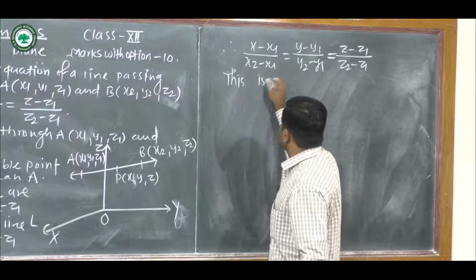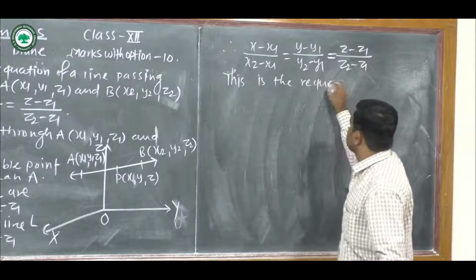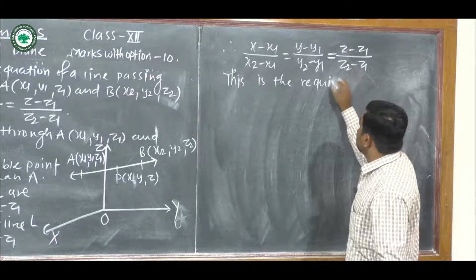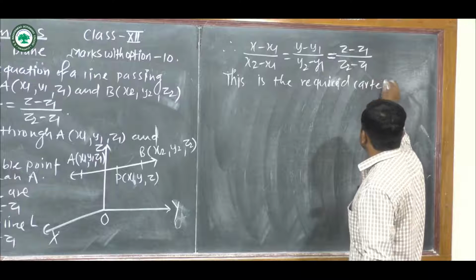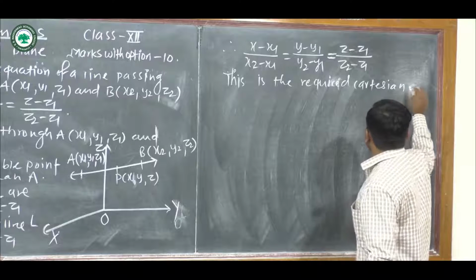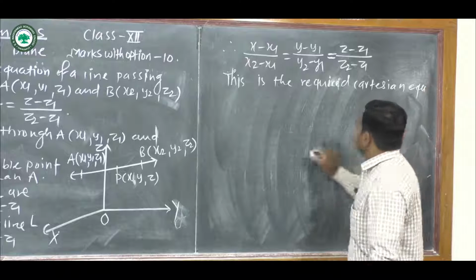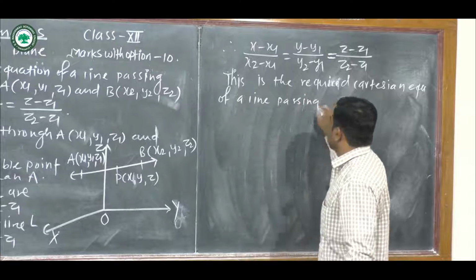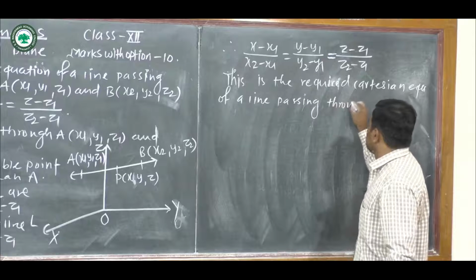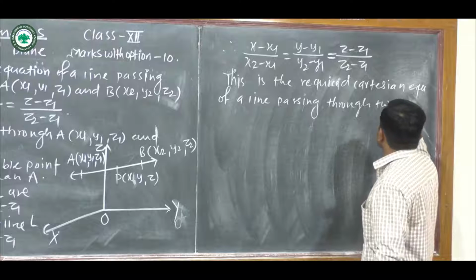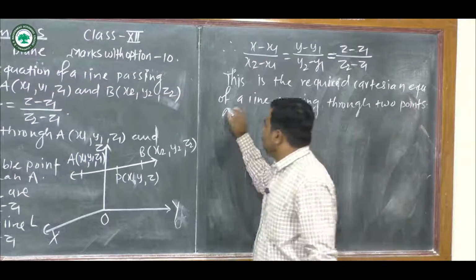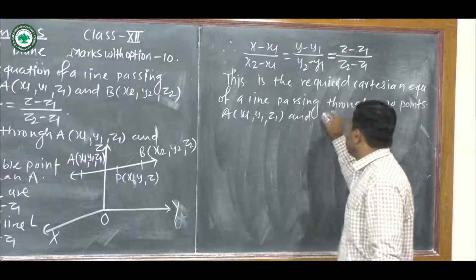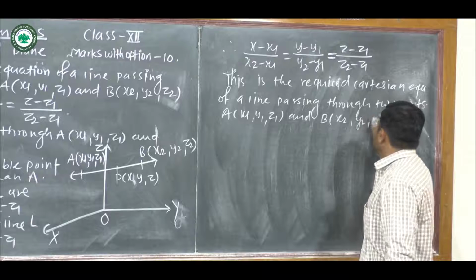This is the required Cartesian equation of a line passing through two points A (x1, y1, z1) and B (x2, y2, z2).